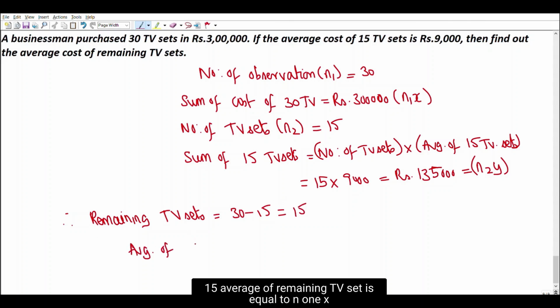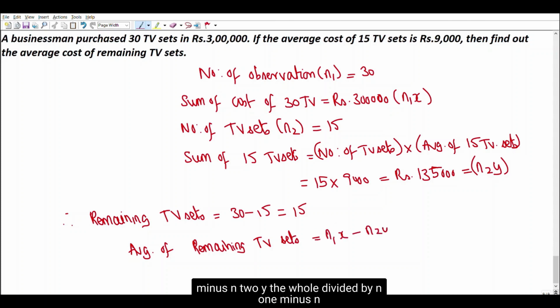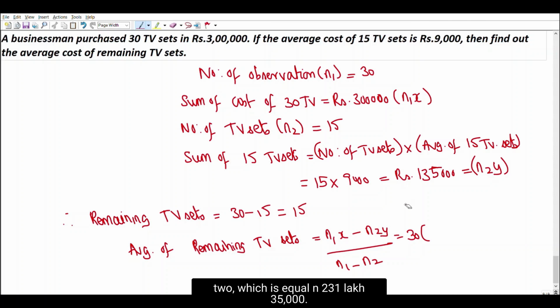Average of remaining TV sets is equal to n1x minus n2y the whole divided by n1 minus n2, which is equal to 3 lakh minus 1,35,000.